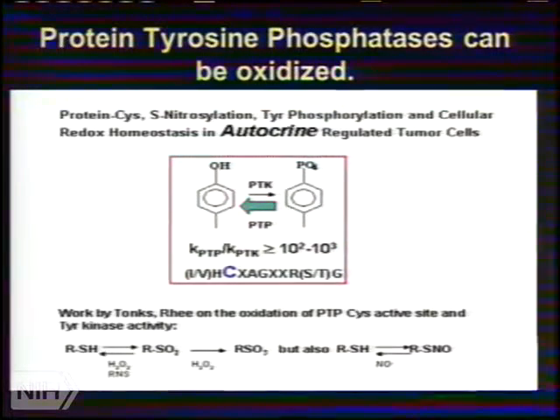But then the protein tyrosine phosphatases take the phosphate off, and you return back to the tyrosine, which is sort of the inactive state of the receptor tyrosine kinase. And we'll see that then reactive nitrogen species as well as hydrogen peroxide can oxidize key cysteine amino acids in the protein tyrosine phosphatase.